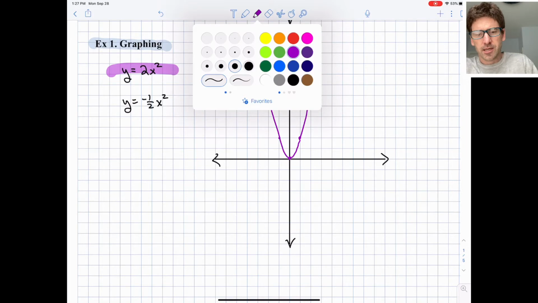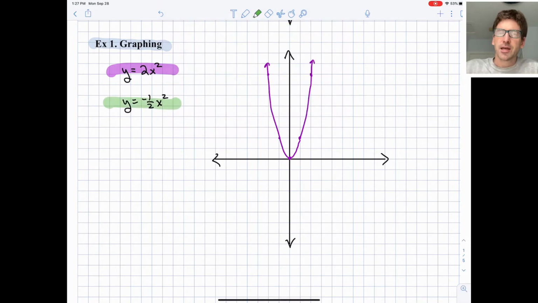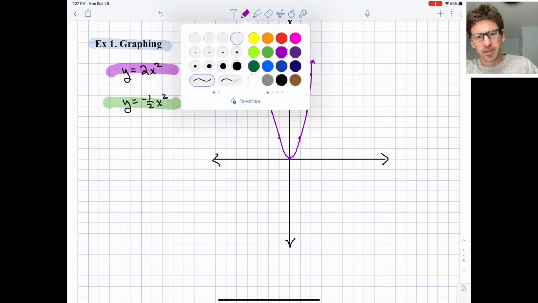Alternatively, we can multiply our x squared term by a negative value, which would flip the parabola down, and then also multiply it by a negative 1/2, which would make it a wider parabola. So that is going to look like this.